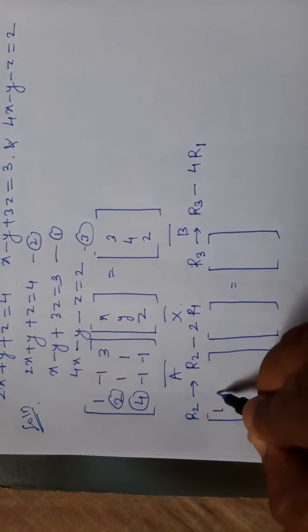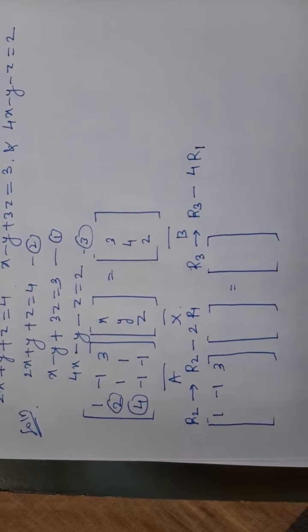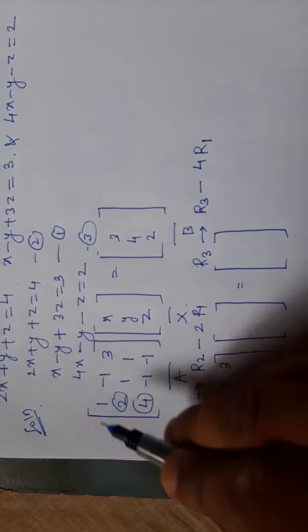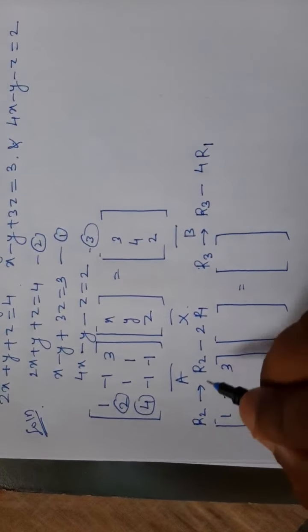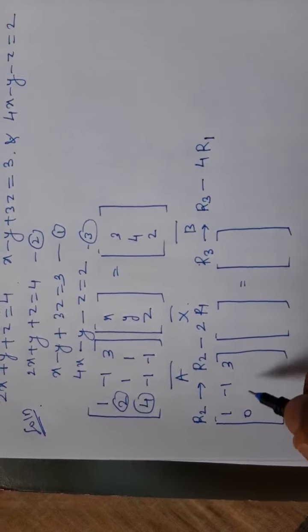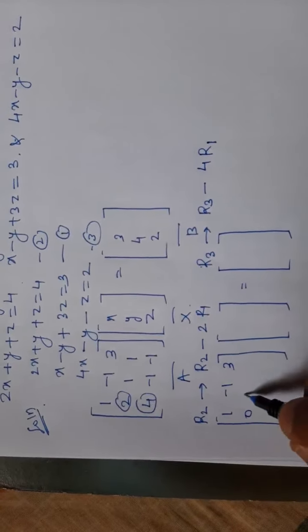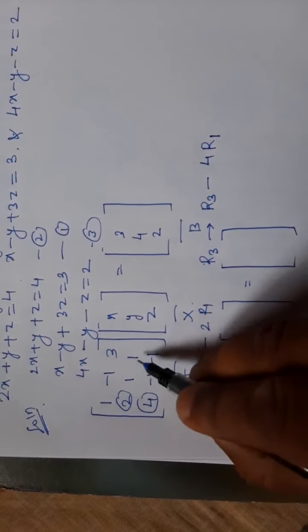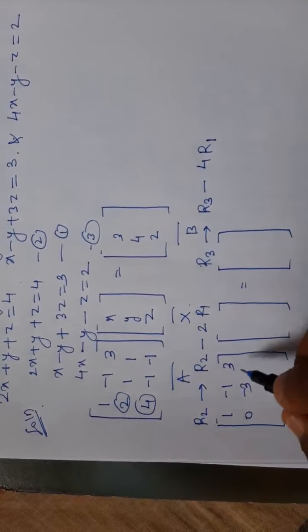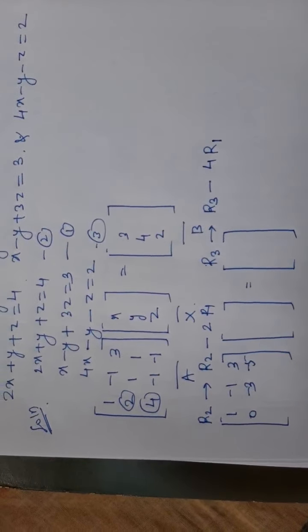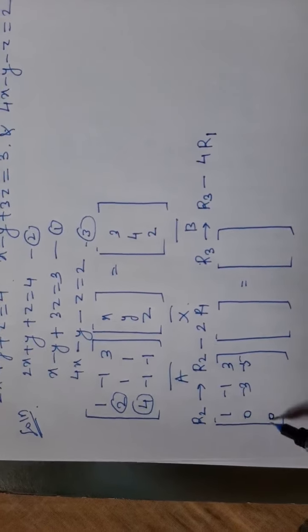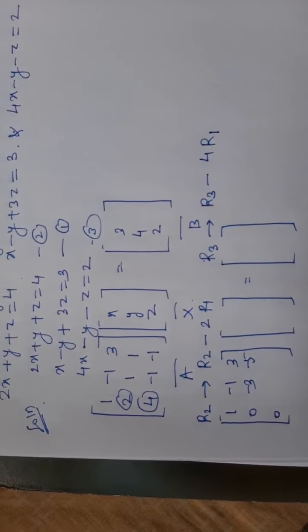So I will write the first row as it is. 2 minus 2, this is 0. I used this formula R2 minus 2 R1. So 1 minus 2 becomes minus 3. 1 minus 6 becomes minus 5. Then R3 equal to R3 minus 4 R1, this becomes 0.